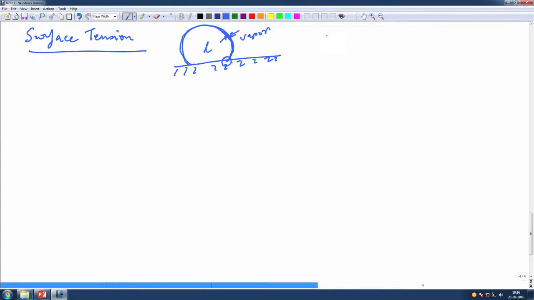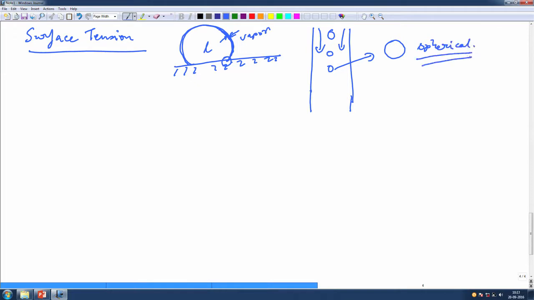Say you assume that this is a tower in which there is a flow, and you inject a droplet into this tower. If the flow rate is small, this droplet will be nice and spherical. That spherical shape of the droplet comes precisely due to the surface tension.